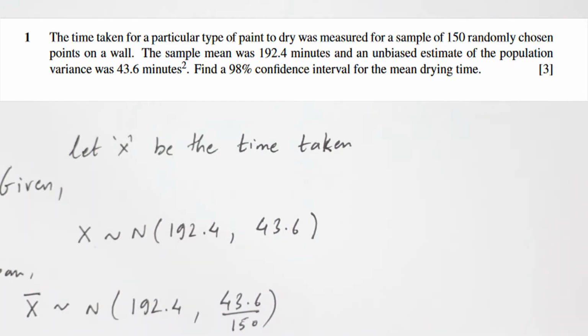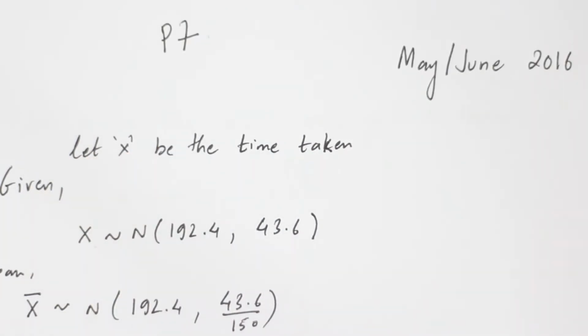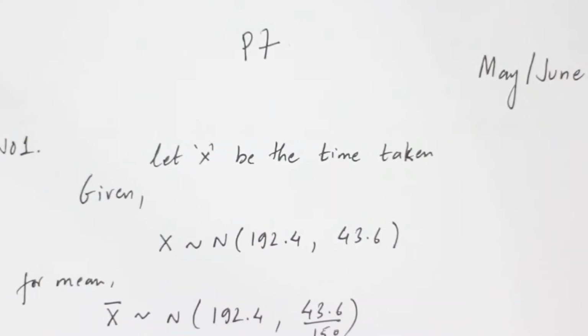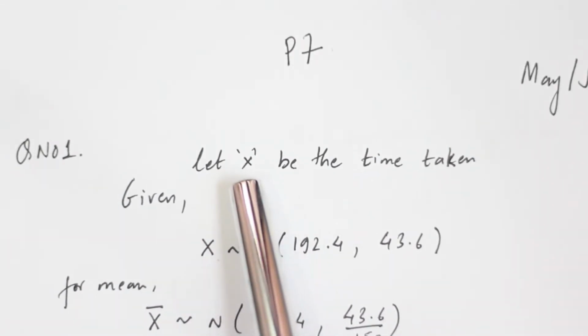So as you can see from the question, we're given that the time taken for a particular type of paint to dry was measured for a sample of 150 randomly chosen points on a wall. So first, we'll let x be the time taken. Here x is the random variable.